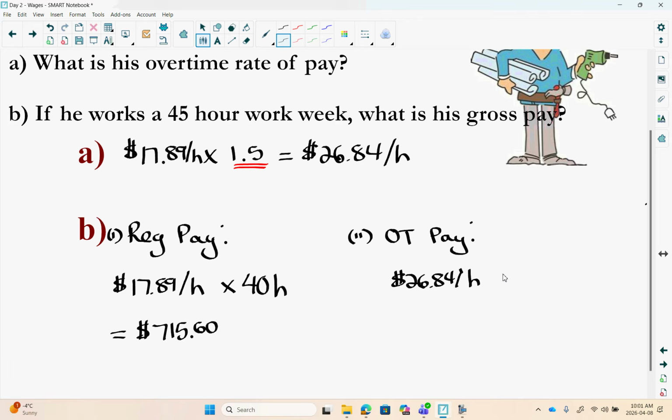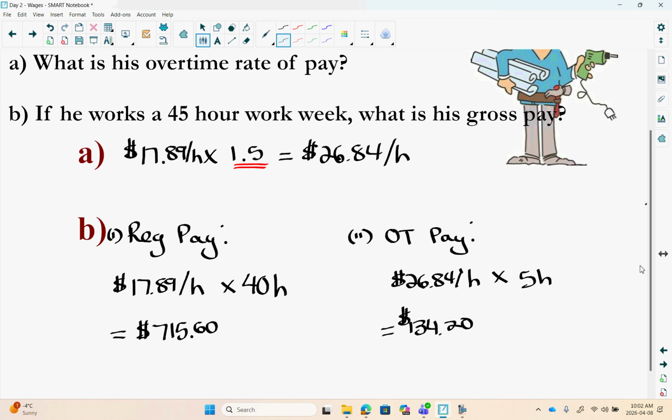That's per hour. I'm going to multiply that by how many overtime hours did he work? 5. If he worked 45 hours in total, 40 of them are regular hours, 5 of them are overtime hours. So 26.84 times 5 gives me $134.20.